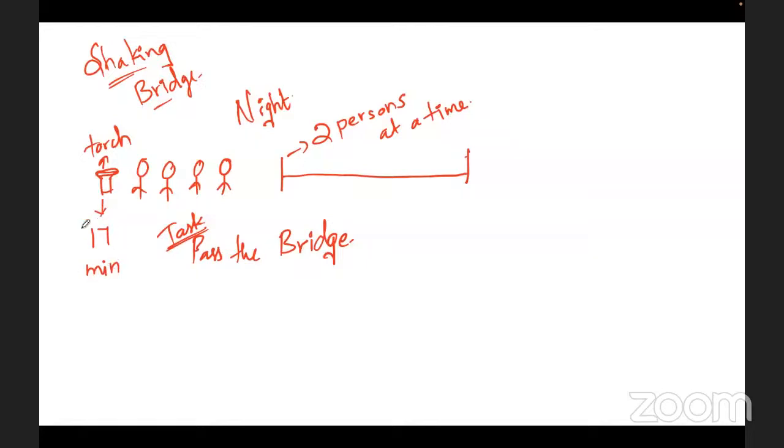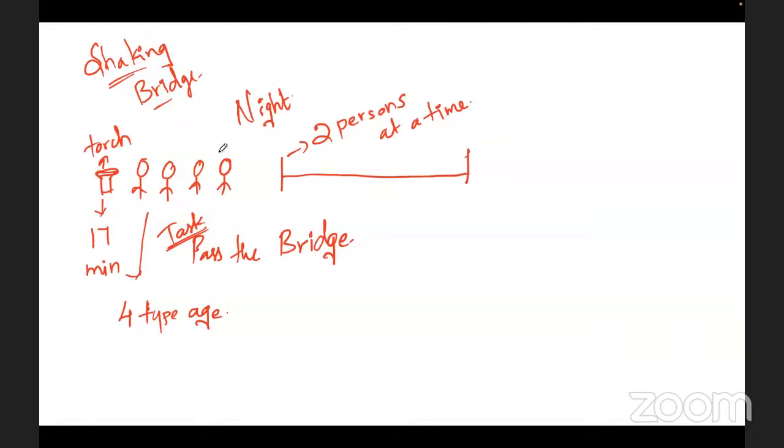I told you that there are four types of aged people, and each and every person will take a certain time to pass this bridge.